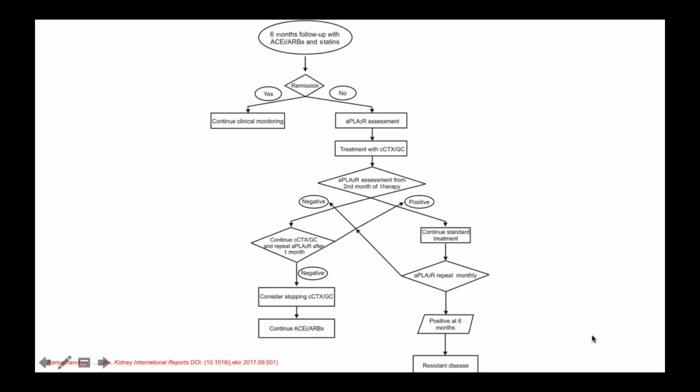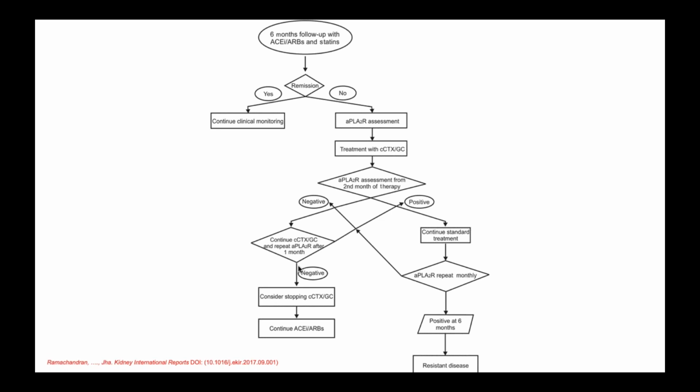Now here is the recommendation which is proposed by Dr. Ramachandran and our group. According to this, you treat patients, start with the second month of therapy, and follow the antibody titer monthly. If the antibody titer becomes negative at any time, then treat the patient for 1 month after the antibody titer has become negative.